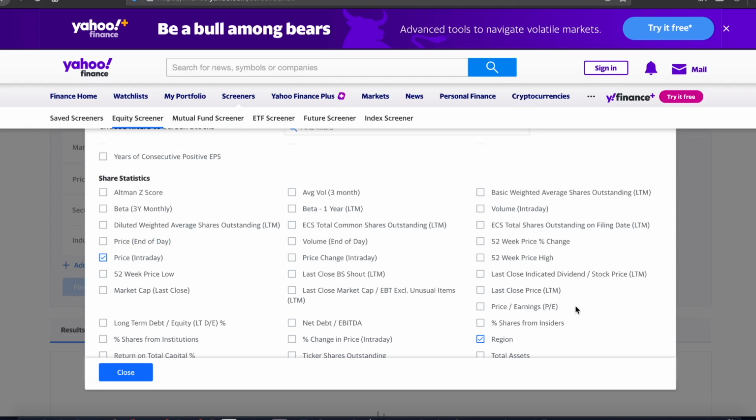So the PE ratio is going to vary by industry. Like tech is very high, especially as of recently. The S&P 500 historically has been trading with a PE ratio of between 13 and 15. And just to give you an idea, right now it's trading at about 25 PE ratio.